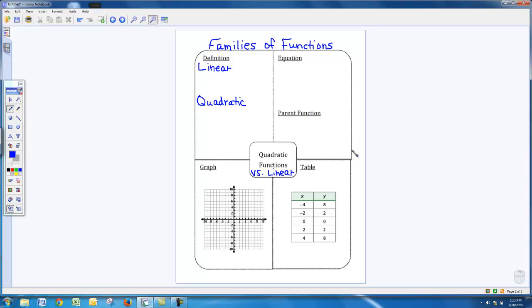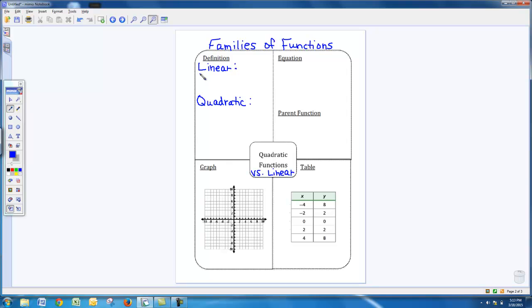You already know a little bit about linear functions because most of our first unit was spent on linear functions. And as I go through, I'm going to remind you of what a linear function is and then introduce you to the quadratic function. So a linear function, remember, can be graphed as a line.